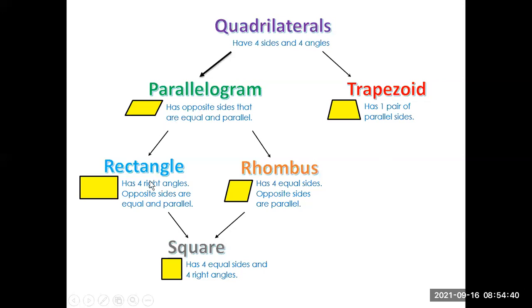If all angles are right angles and opposite sides are equal and parallel, that's a rectangle. Whereas for a rhombus, all the sides are equal with two pairs of opposite sides parallel. And a square has all these properties. A square will have all sides equal, all angles 90 degrees, and of course opposite sides are parallel and equal. Okay, so that was about the interrelation.